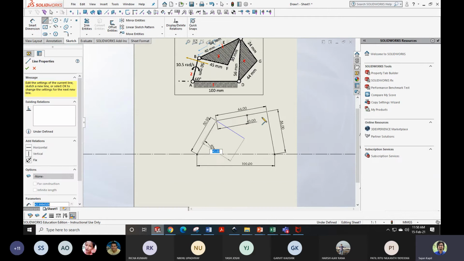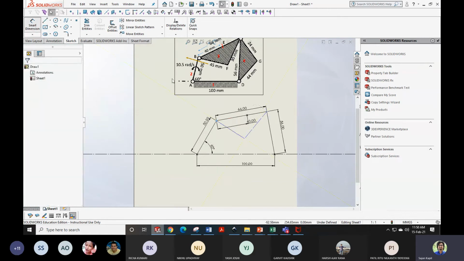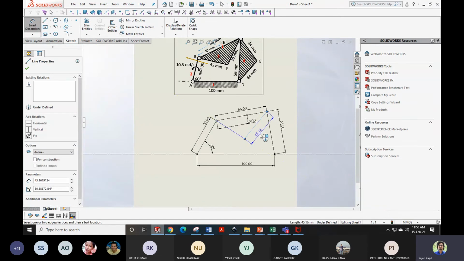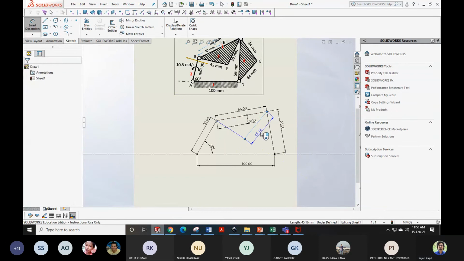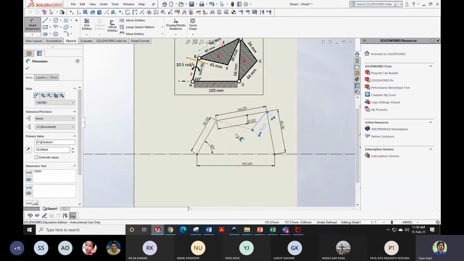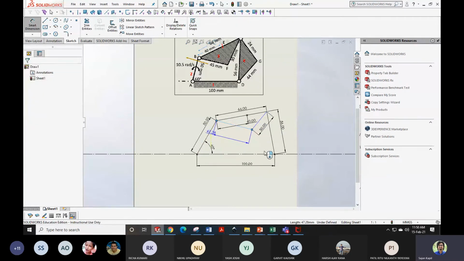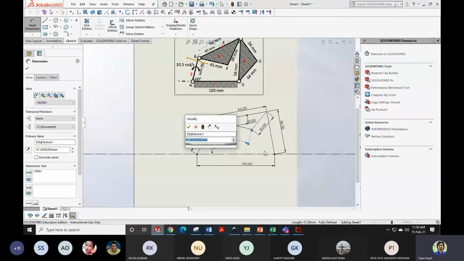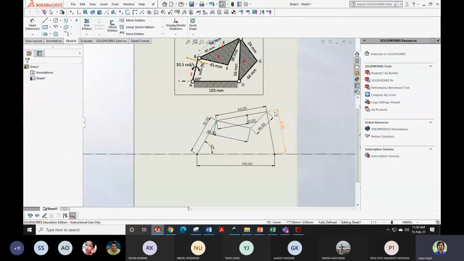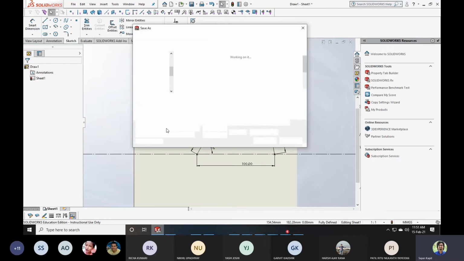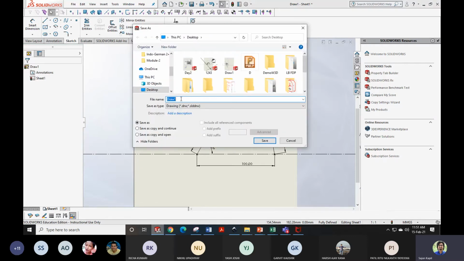So this is my triangle, and this is at 30, and this is at 45. Of course I can make a pattern over here, but let us do that in the end.